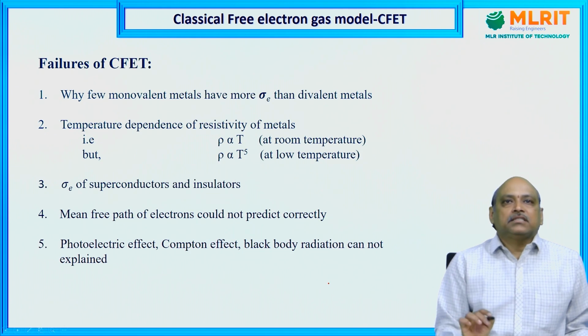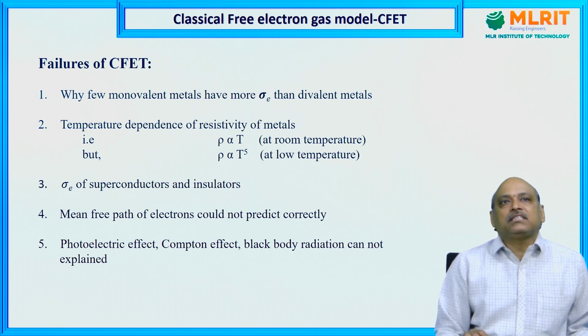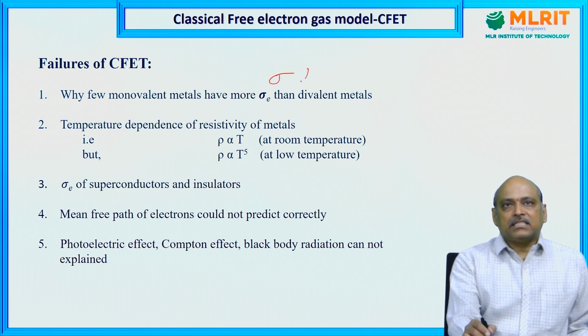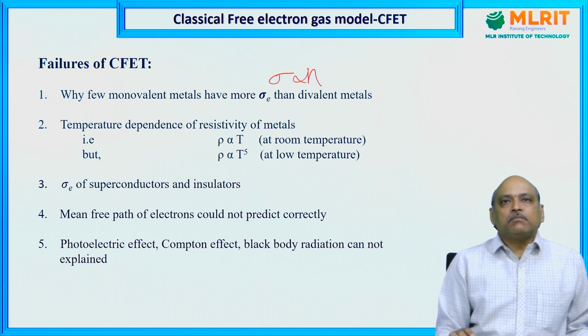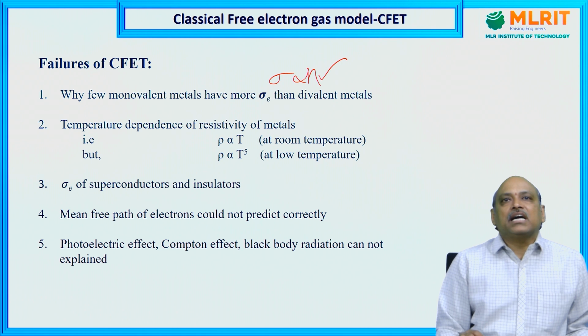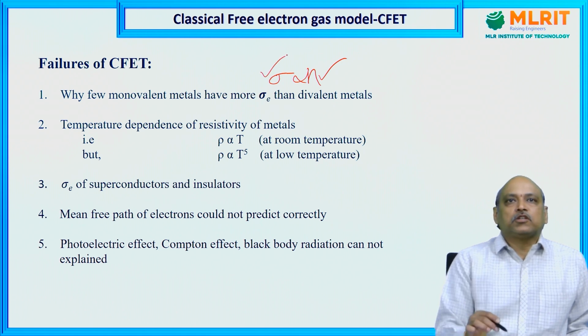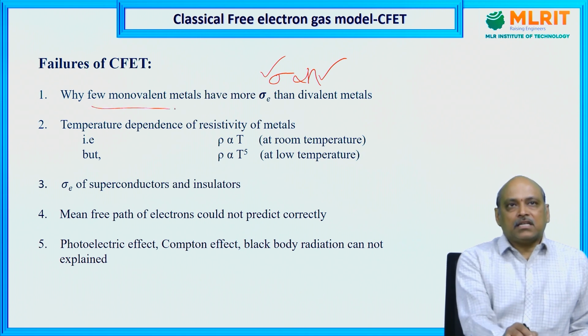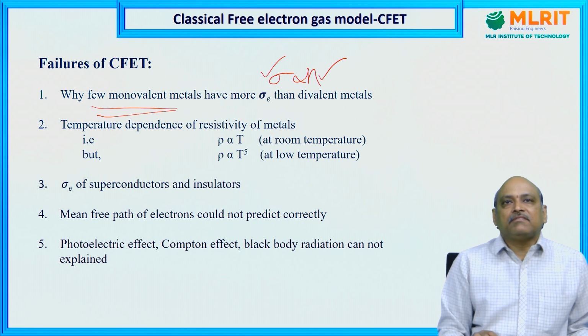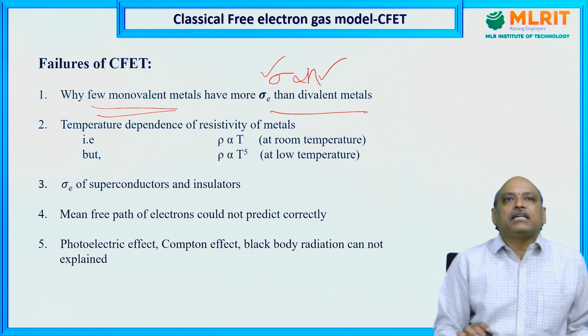But let us see what the failures of this theory are. The first failure is that, according to this theory, sigma is directly proportional to n. That means if more free electrons are present in a metal, its electrical conductivity should also be high. But practically it was observed that a few monovalent metals have higher electrical conductivity than divalent metals.